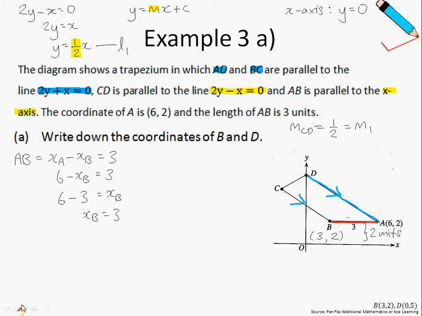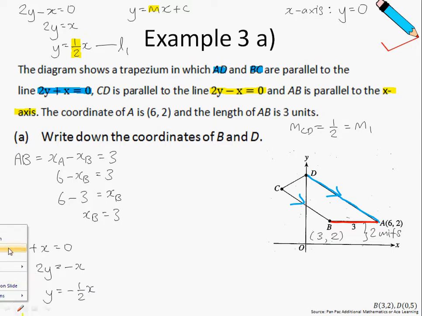Let us work on the given equation, 2y plus x equals 0. Let me rearrange to get 2y equals negative x, and then y equals negative half x by dividing throughout by 2.